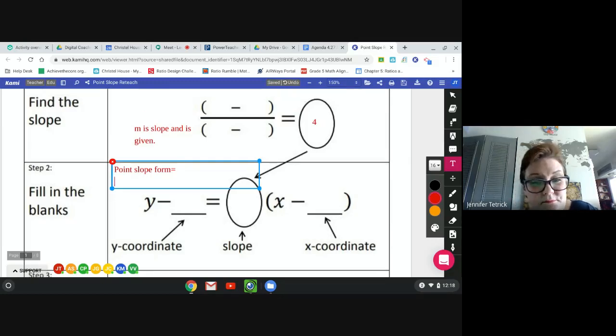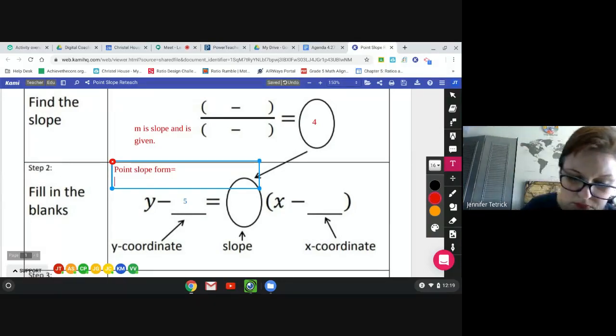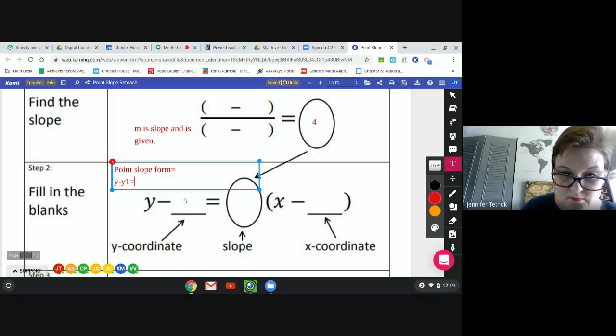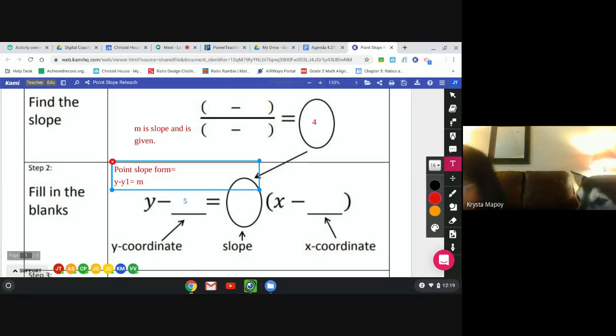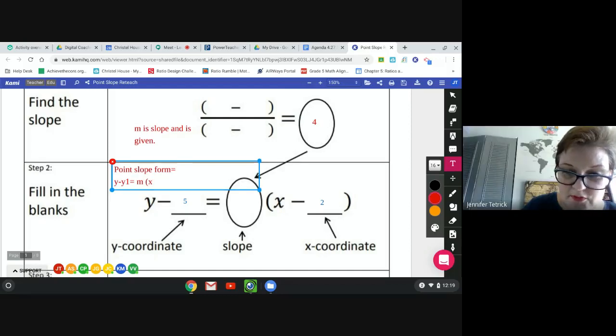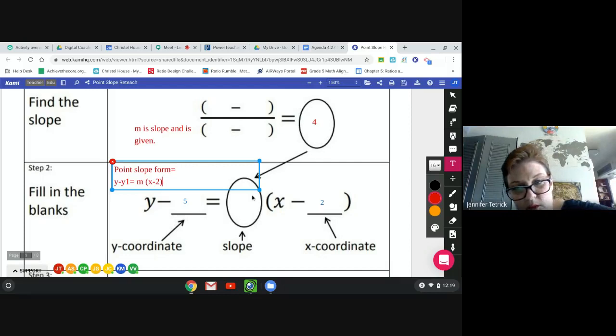Yes, you, whoever put the 5 in there, put it back. That was your Y1. Good job. Whoever did that, excellent. And so what was our slope? Someone else?